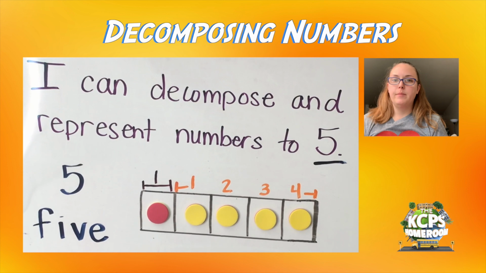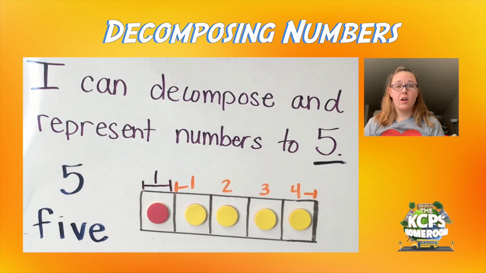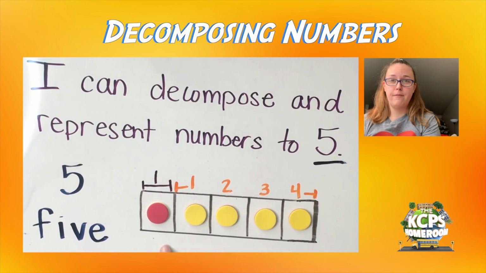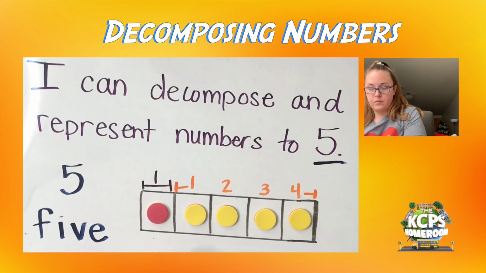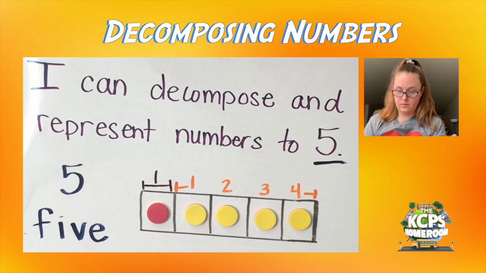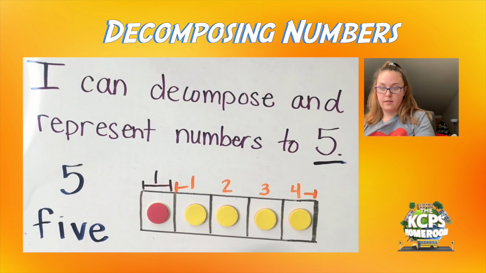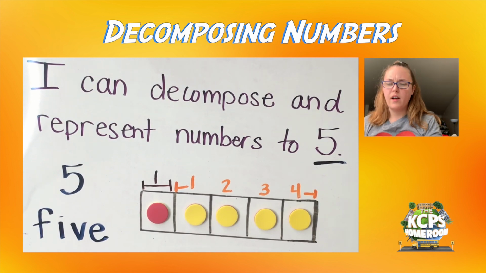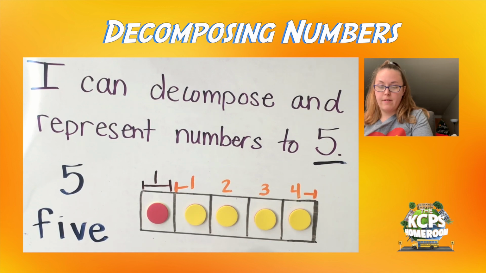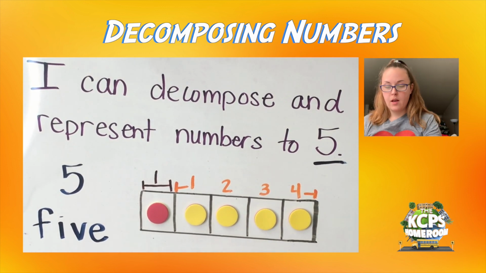Looking at the 5 frame here, can you tell me what are the 2 parts of 5 here? We know that 5 is equal, or is the same as 1, and what other number? How many yellow counters did we have? That's right, 5 is the same as 1 and 4.